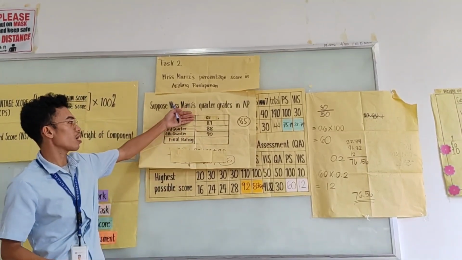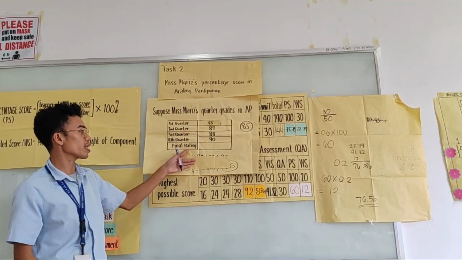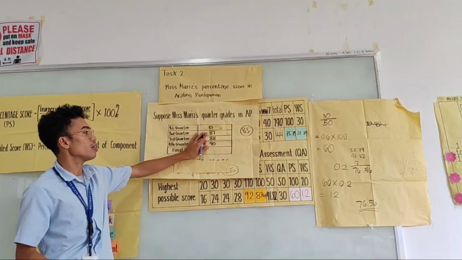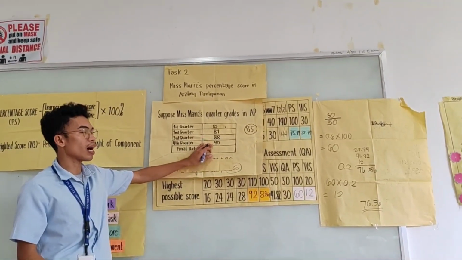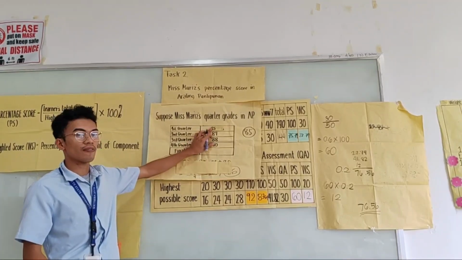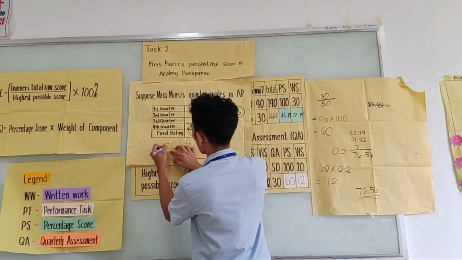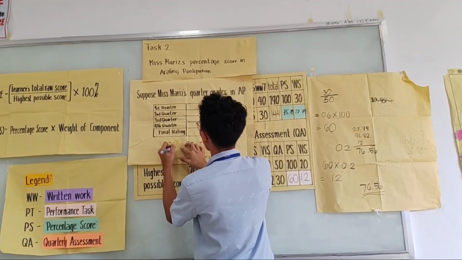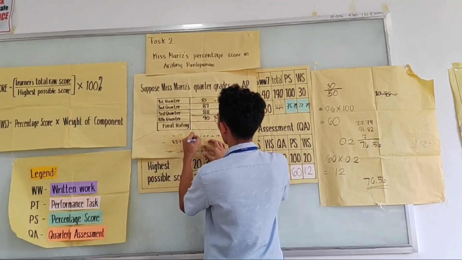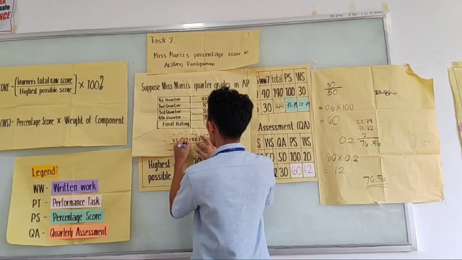Since we already have all the grades in every quarter, the final step is to add all her grades in every quarter and divide by 4, since there are 4 quarters. So 85 plus 87 plus 88 plus 90, divided by 4.